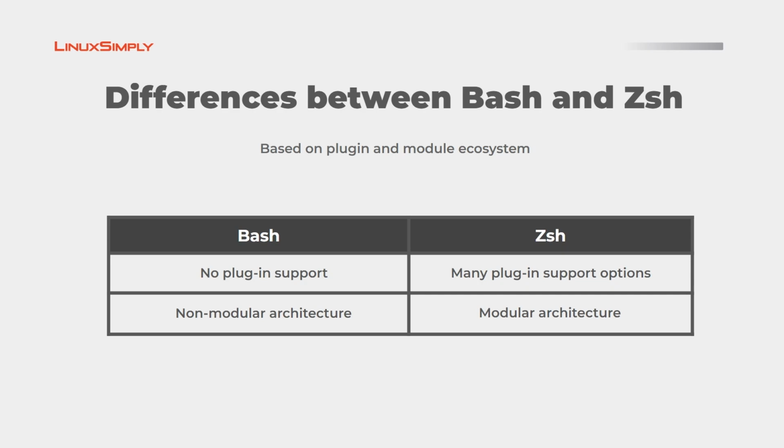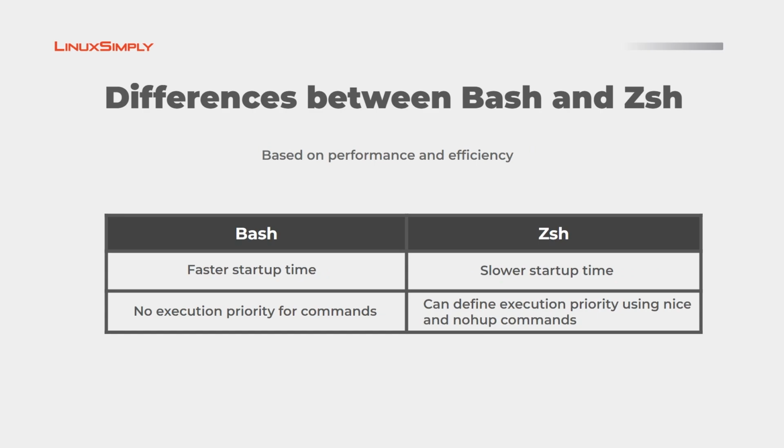Another advantage of ZSH is its modular architecture, that is, new features can be added to the pre-existing architecture, whereas in Bash, it cannot be done as it is a non-modular architecture. Last, I will be differentiating them based on performance and efficiency. Bash has a faster startup time, whereas ZSH takes time to load. There is no execution priority for commands in Bash, whereas you can set a priority for different commands in ZSH.